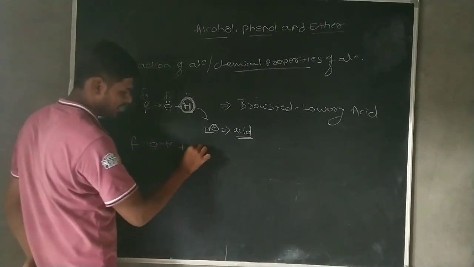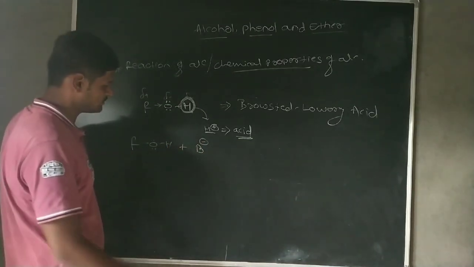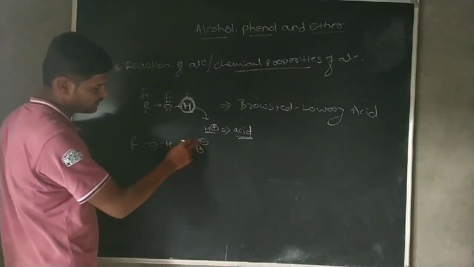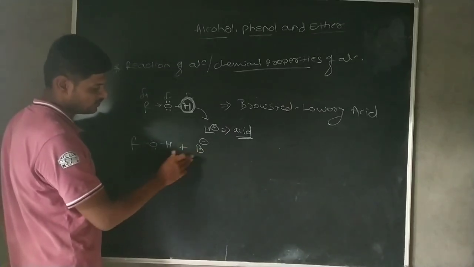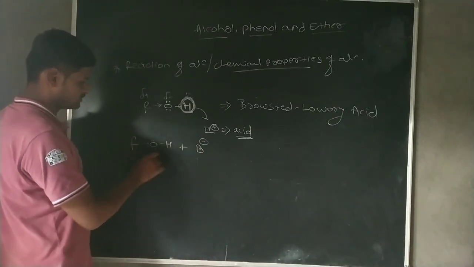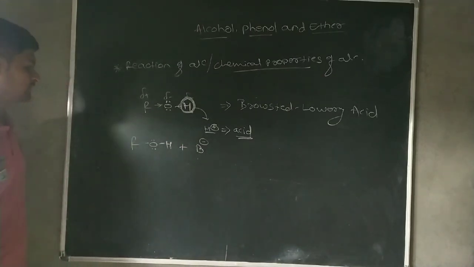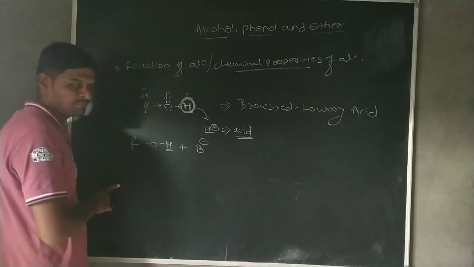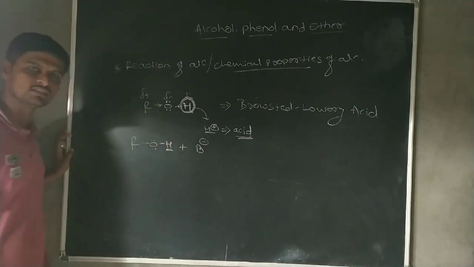Okay, then suppose this is a general alcohol, and it is reacted with a base. Base shows the negative charge because a base contains more electrons. Therefore the electron density is higher as compared to acid. This is an alcohol, and it contains an acidic hydrogen, because this hydrogen is directly attached to the oxygen atom. Therefore this alcohol donates the H plus easily to the base.